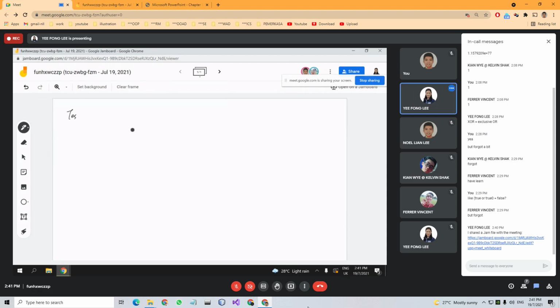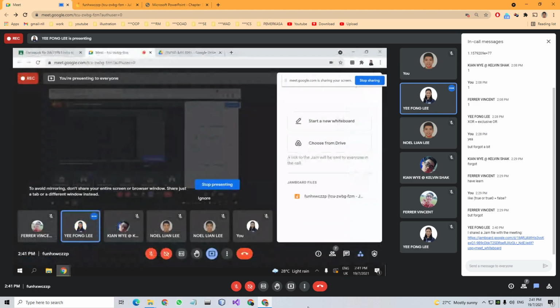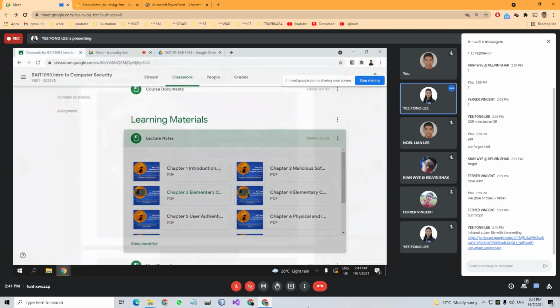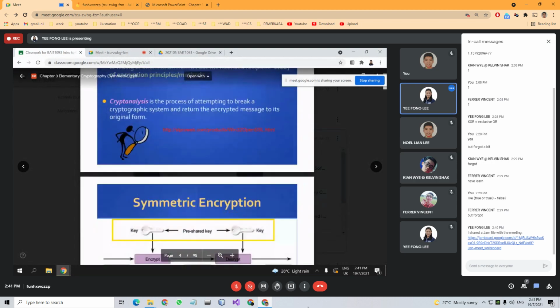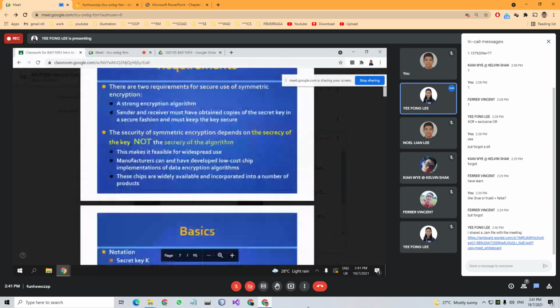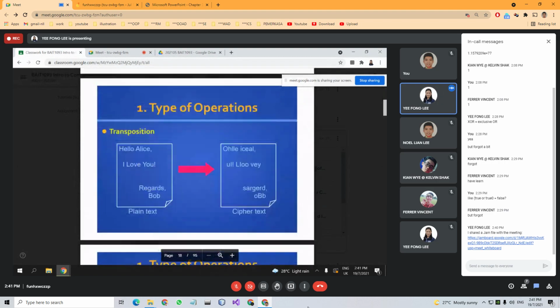All right, are you on Jamboard? So I'll show you the Feistel encoding process. There are 4 steps in total. You can refer to the diagram in chapter 3, the slide just now, showing the steps.